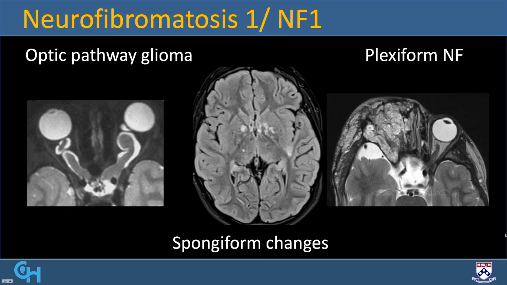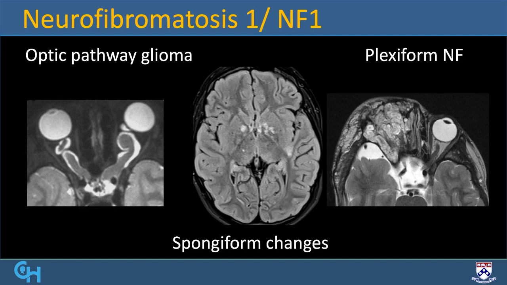Now I want to briefly touch upon some tumors which may be seen in association with common phacomatoses, such as neurofibromatosis type 1. We already referred to this entity earlier in this talk.